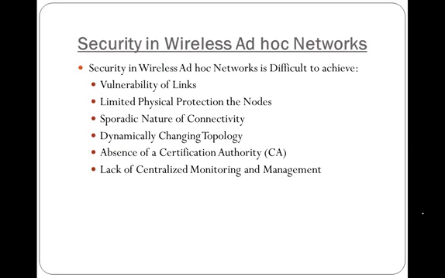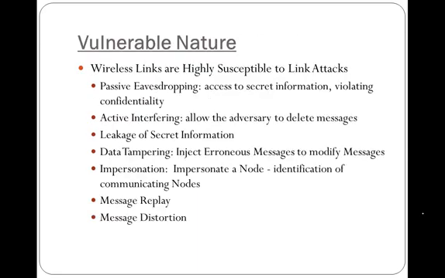Another important thing, as we discussed earlier, is the absence of a certification authority and lack of centralized monitoring and management. In static networks, we have centralized servers, service authorities and firewalls which ensure different types of security aspects.